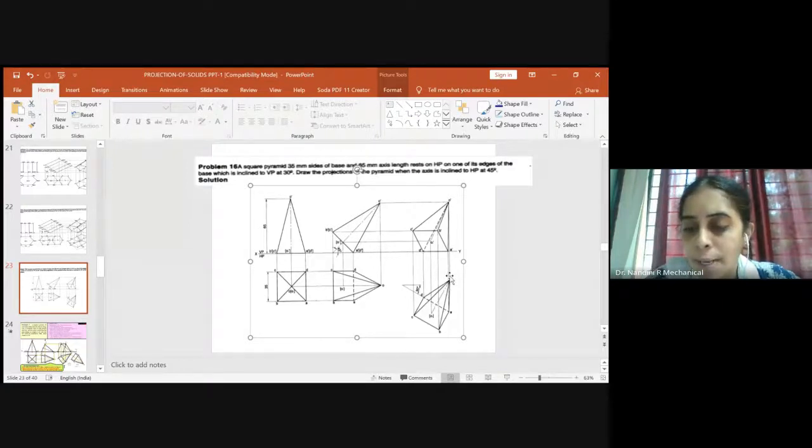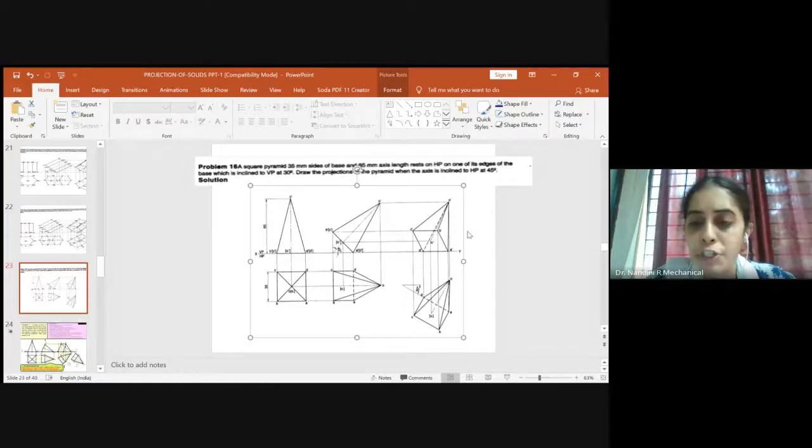From the apex to each corner, you kindly join O to A, O to B, O to C and O to D. Right, so you now got the entire square pyramid whose side is now inclined at 30° to VP. After this, the last step is easier. You will take the projection from C, projection from D, A, B, O, and also extend the projections from the front view.